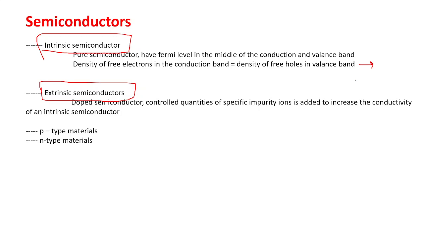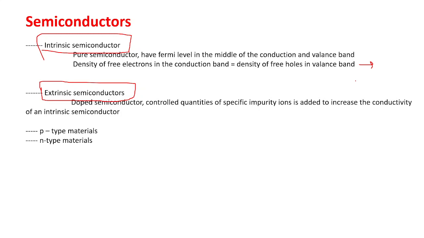Extrinsic semiconductors are doped semiconductors. Doped means we are doping another external element over the intrinsic semiconductor, like over the silicon. So these are called doped semiconductors, and we dope with controlled quantities of specific impurity ions to get an extrinsic semiconductor.